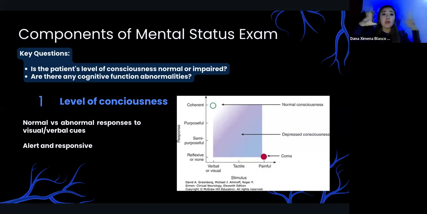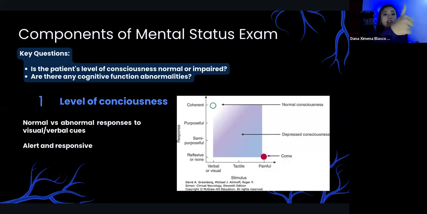Maybe the patient moves, he cannot talk, he cannot make any alert or responsive answer, but maybe he can make some gesture in the face, like a painful gesture, or he moves a little, that's reflexive, or maybe he doesn't have any response at all. It's a non-response. So the patient would be here, in a coma. So that's the level of consciousness.